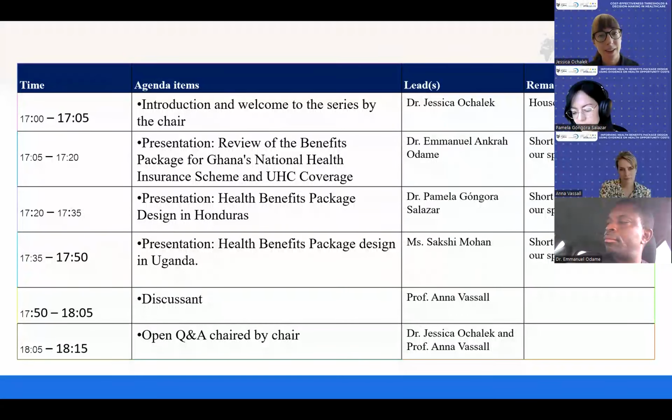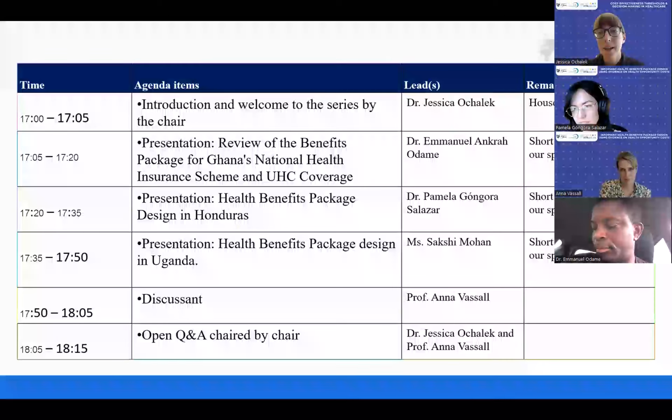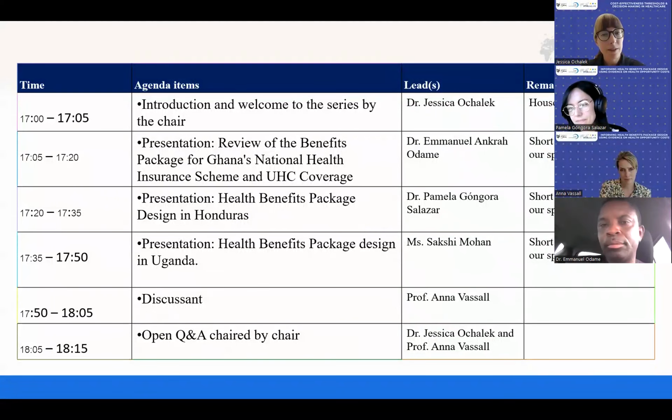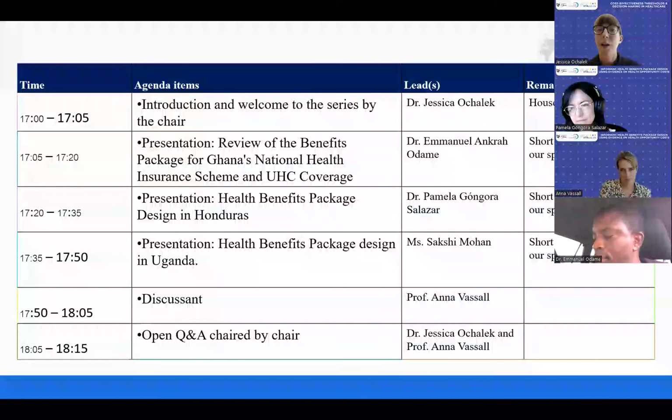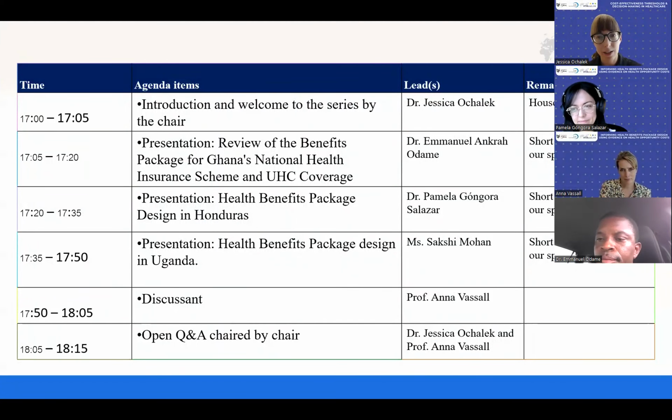Finally, Professor Anna Vassall is former director of LSHTM's Center for Health Economics in London, and is currently co-director of LSHTM's Global Health Economics Center and executive director at the Amsterdam Institute for Global Health and Development. She has been a member of a number of WHO programs and task forces, and has led a wide range of influential economic research on priority setting, costing, poverty and economic impact, financing, and economic evaluation.